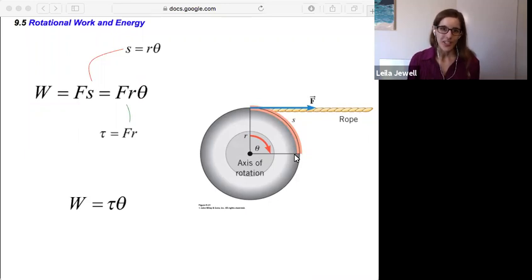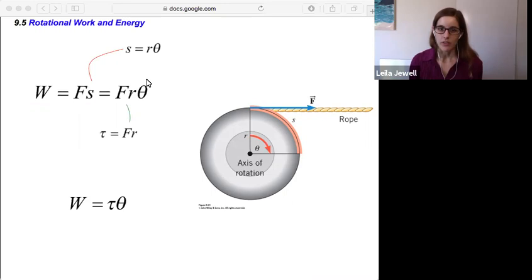Arc length, we know how to calculate in terms of our angular variables, right? It's equal to the radius, the size of the wheel or the round object, times theta, the angular displacement. So we'll put that in for our S: the displacement in the work is r times theta.